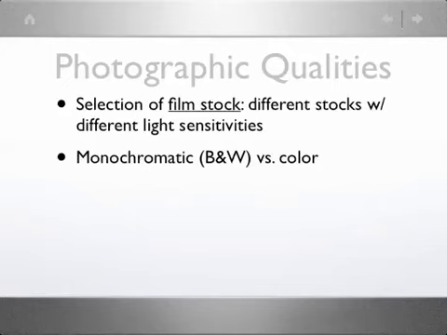Of course, when you're talking about recording on tape or recording directly to a computer hard drive, there is no film stock involved. There is no chemical makeup of that, and that causes different kinds of things to happen with the image that filmmakers, if they're using those recording means, have to take into consideration.